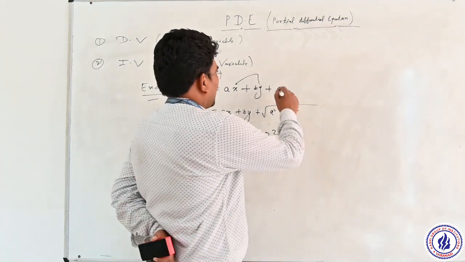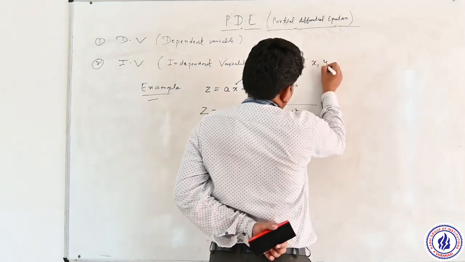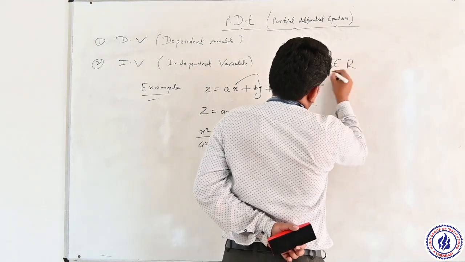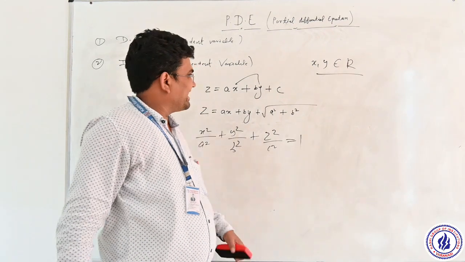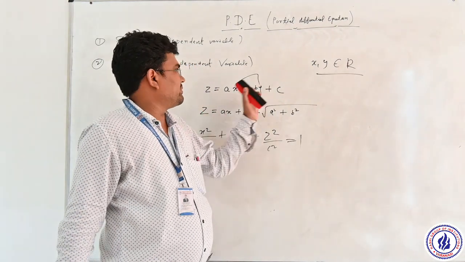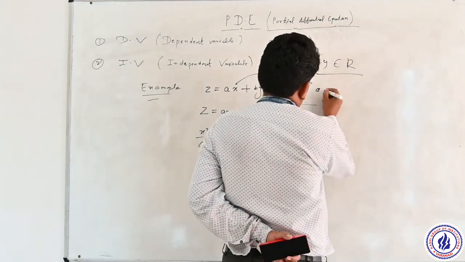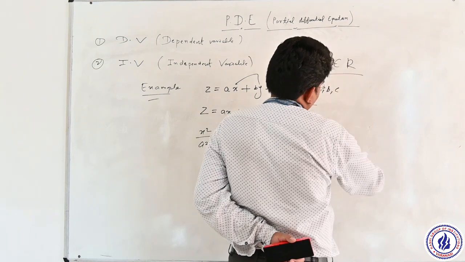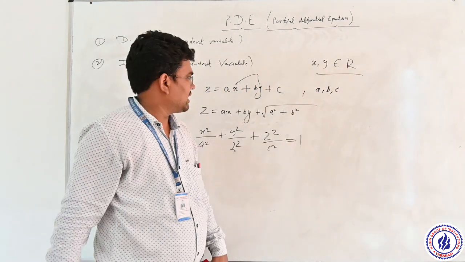Means at the place of x and y we can put any number from the real numbers, and a, b, c are arbitrary constants, as all of you know. a, b, c are constants, so they will also be selected from the real numbers, right?